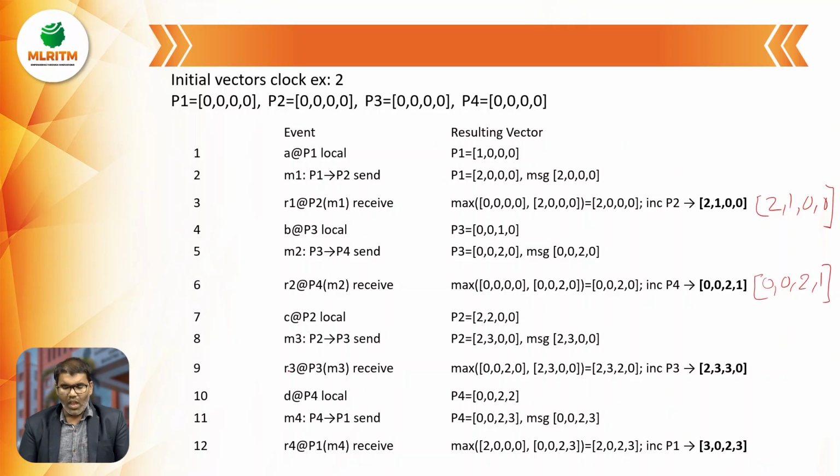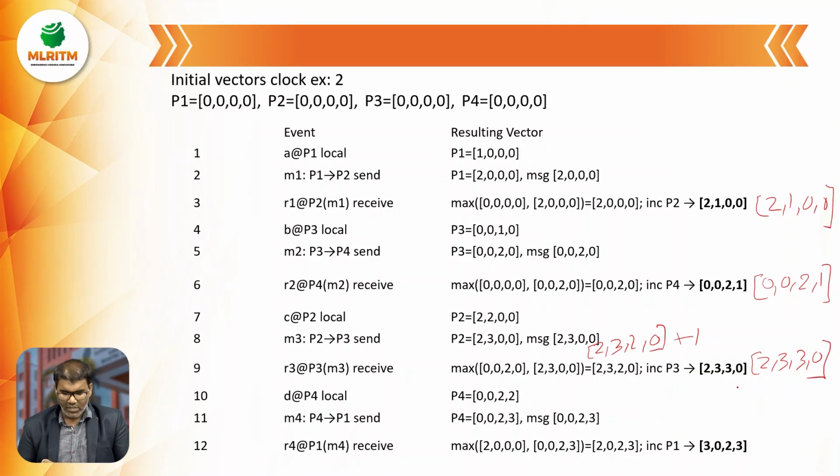Next, ninth one, R3 at the rate P3 of M3 receives, means by using M3 it receives maximum of 0 comma 0 comma 2 comma 0 and 2 comma 3 comma 0 comma 0, means here we are incrementing with the 2. After incrementing with 1 for 2, here we are taking this 2 comma 3 comma 2 comma 0 and we are doing the plus 1. After that we are getting 2 comma 3 comma 3 comma 0.